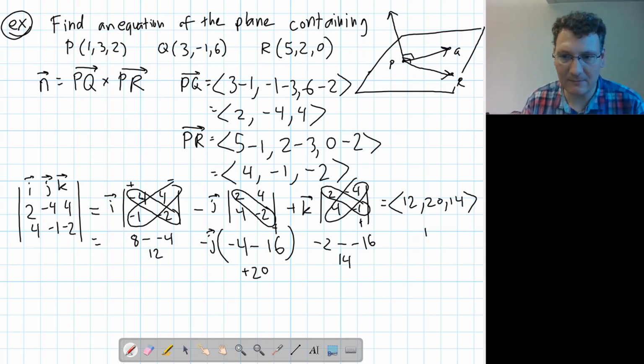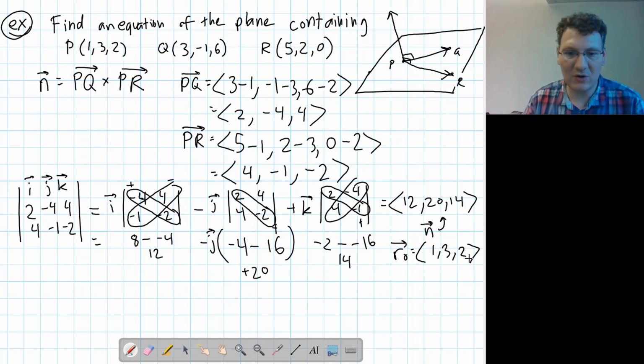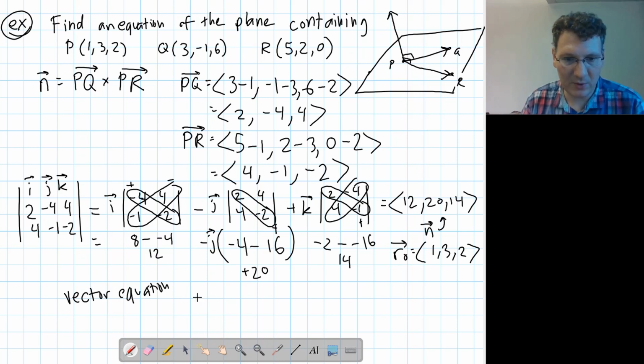This is my n. And I have the point r0, which could be any one of these three. Let's just take p because it's the first one. And so my vector equation is going to be, we take the coefficients of n.